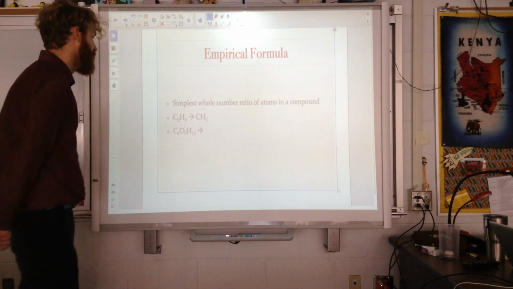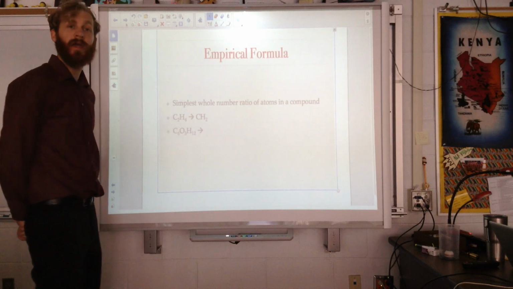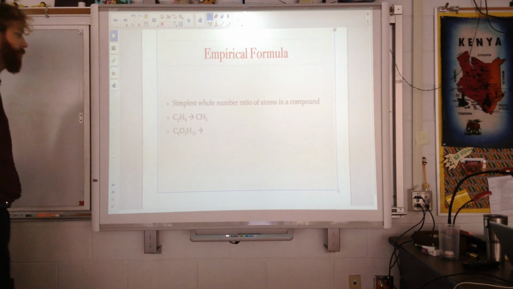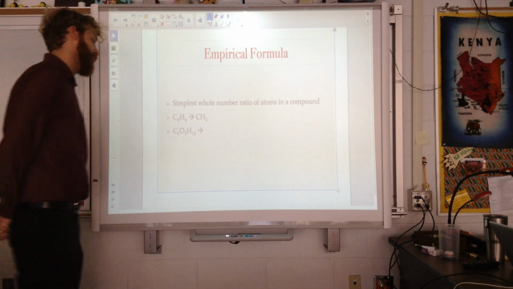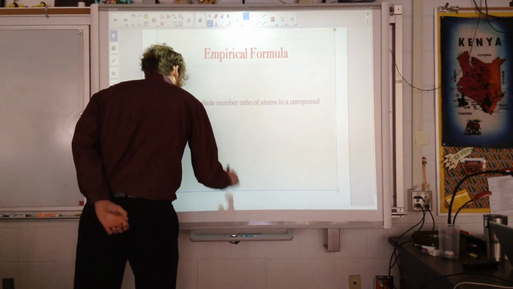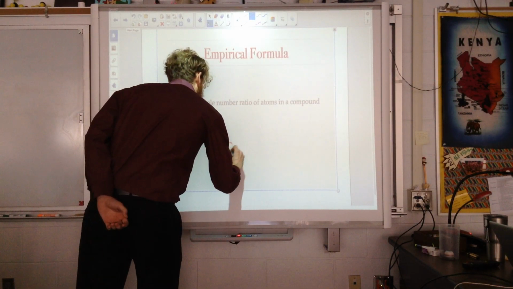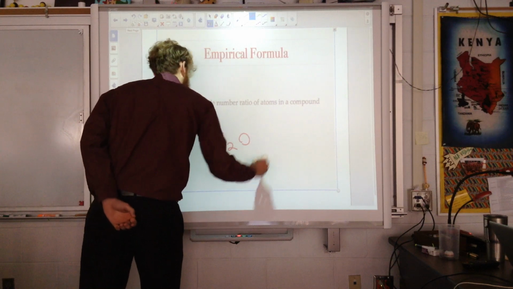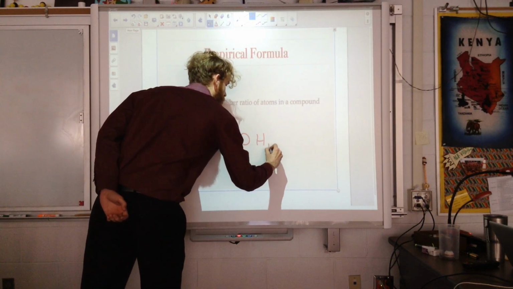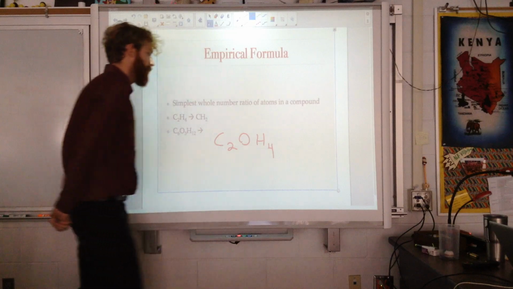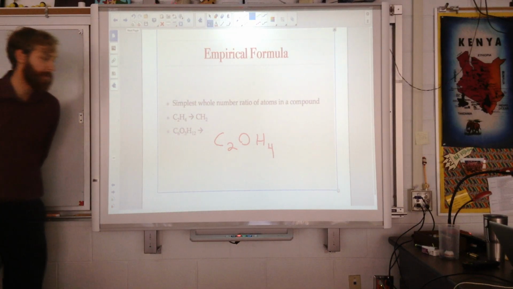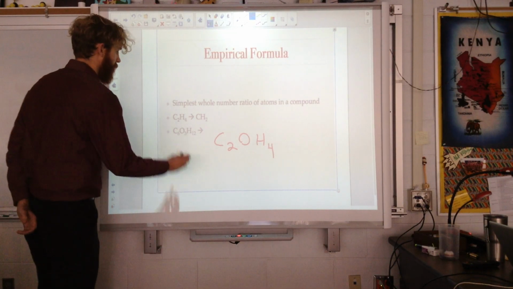Another example, we have C6O3H12. All of those can be divided by 3, and when we divide those by 3, we get C2O1H4. So that would be an empirical formula, the simplest whole ratio.